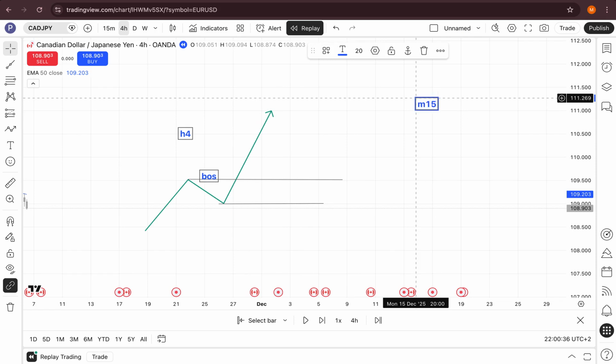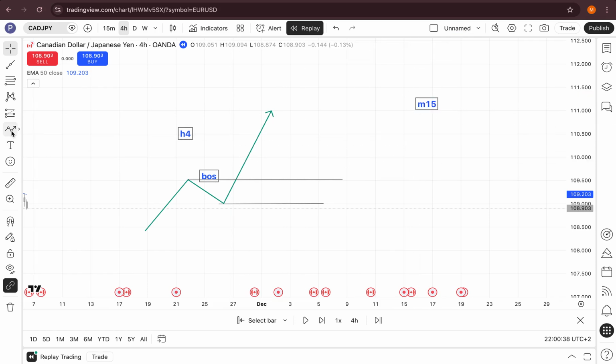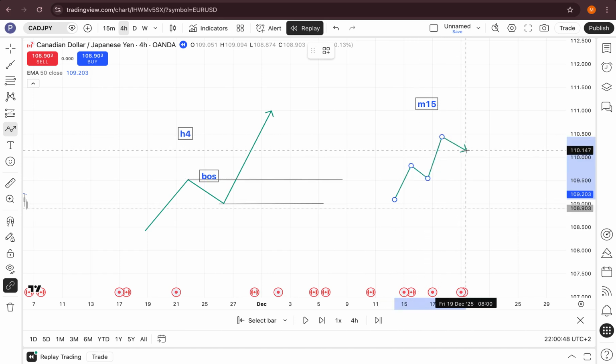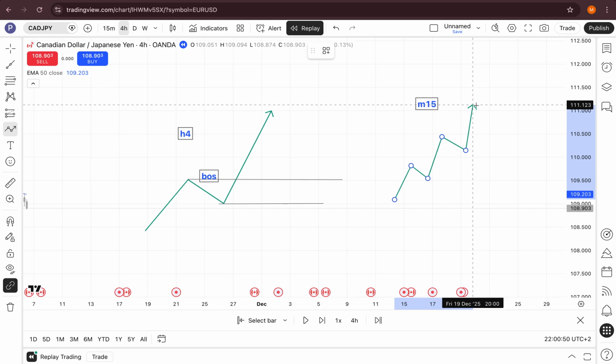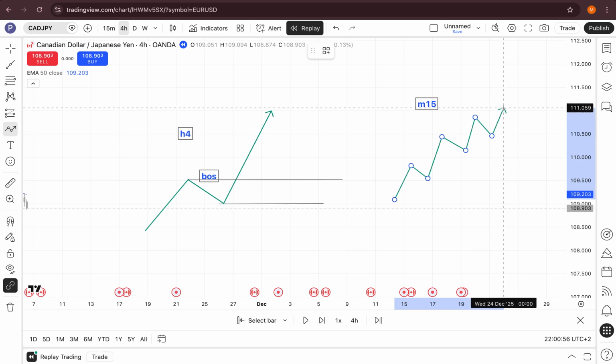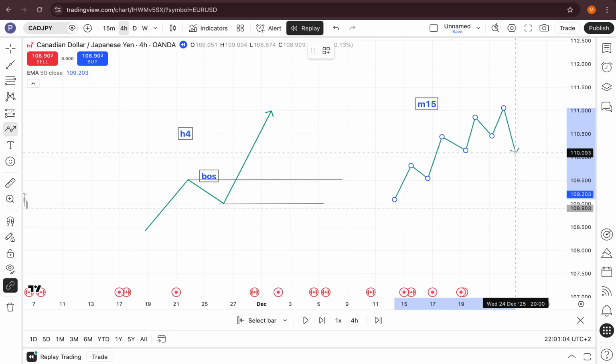From the M15, this whole run happened like this, and we see a clear nice trend on the M15. So what happens is that when the market starts to pull back, we want to see a change of character from the M15.